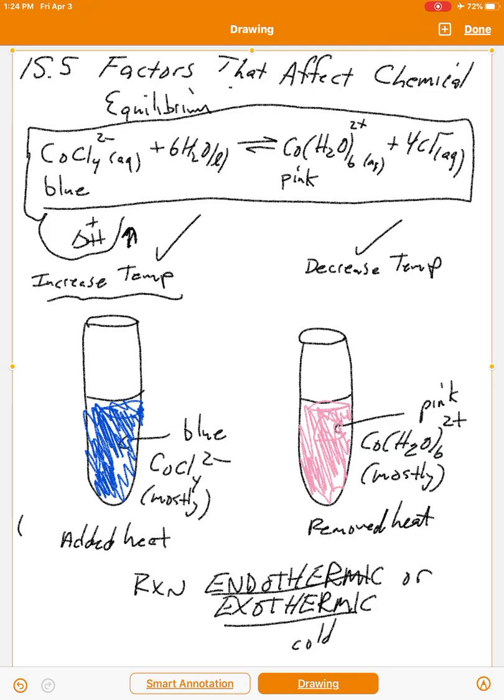Increase the temperature, and it turns blue. Nope, that's not right. So that can't be right. It can't be an endothermic reaction. So delta H is not over here.